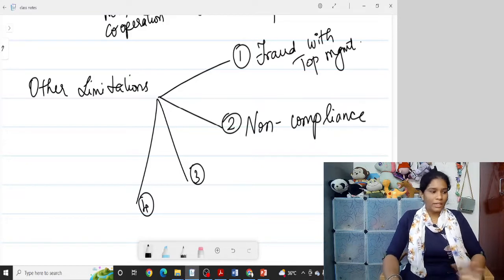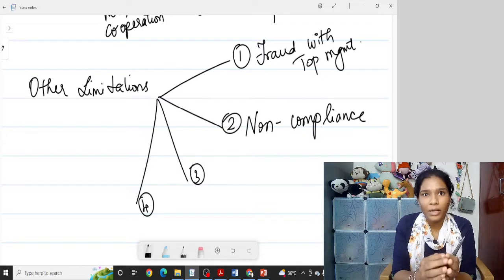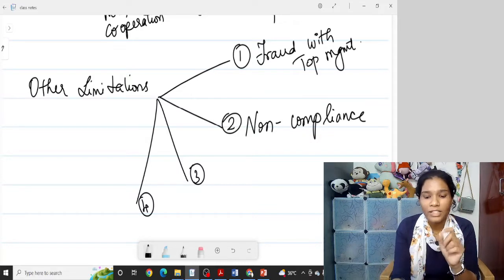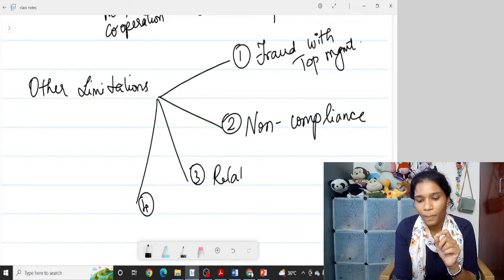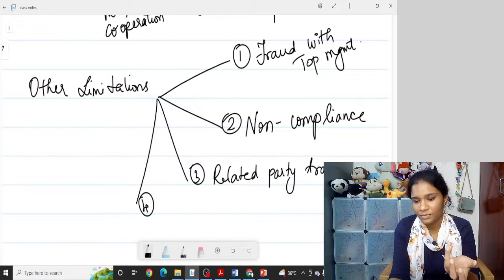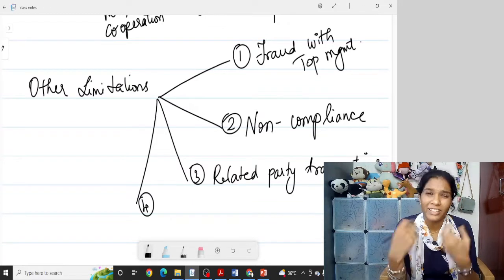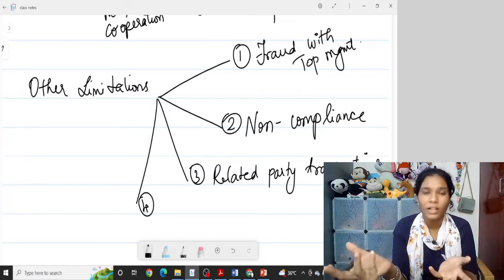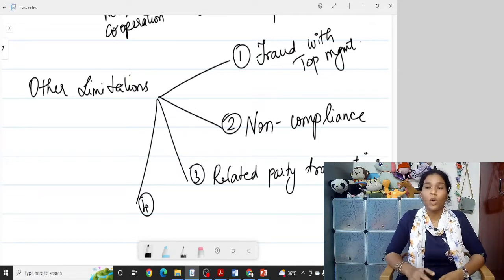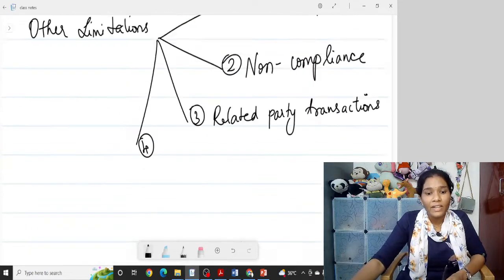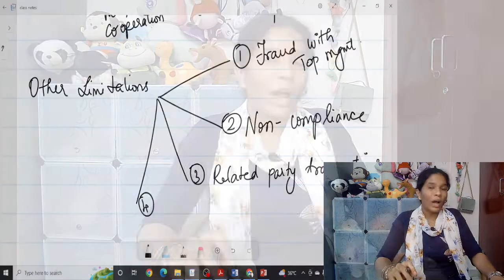There are 2 other important things. Related party transactions. Related party relationship or transaction, where somebody who is close to me is being appointed as a technical expert when she doesn't possess any technical expertise at all. So related party transaction is very, very important.